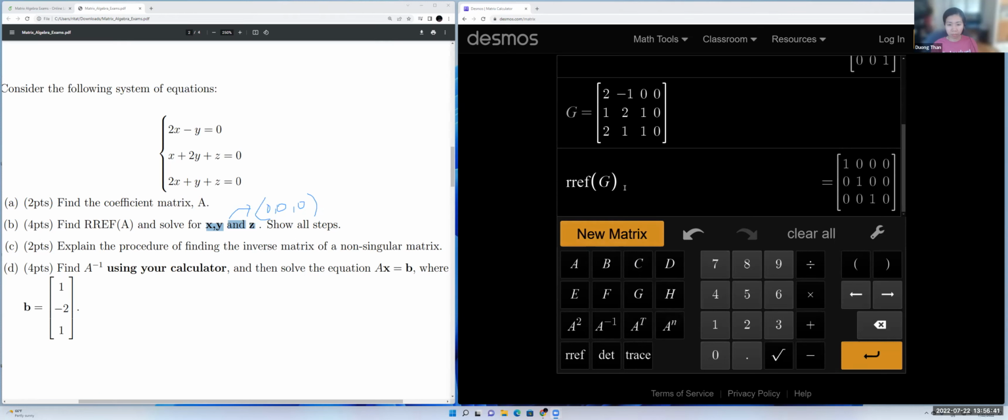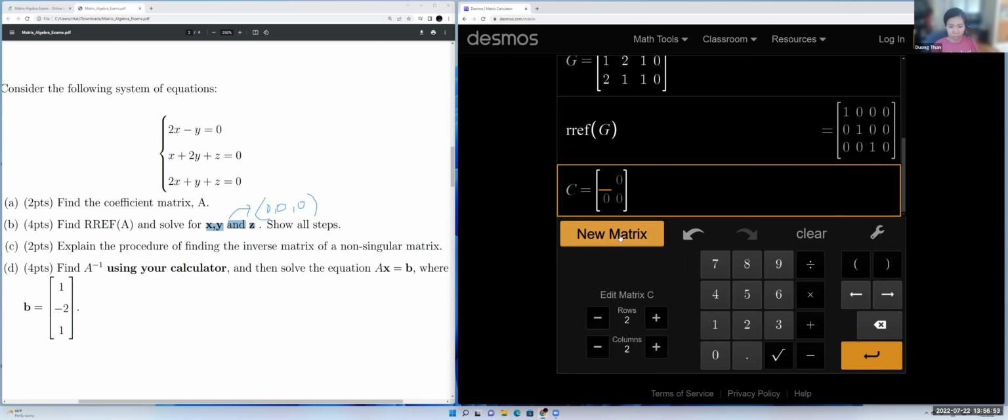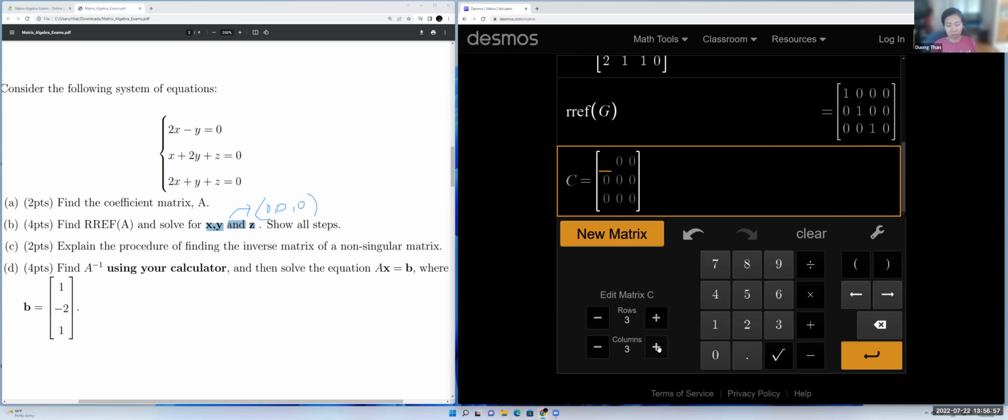Okay. Let's go down here. I would set, let's say, C equals a new matrix. The matrix A has 3 rows and 3 columns, and the identity matrix also has 3 rows and 3 columns, so that means we have 6 columns.